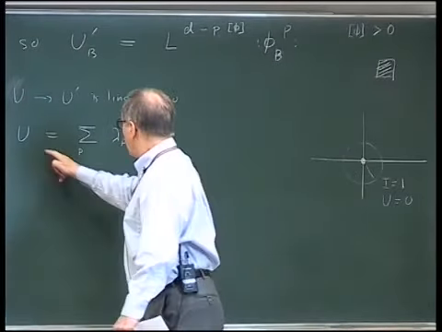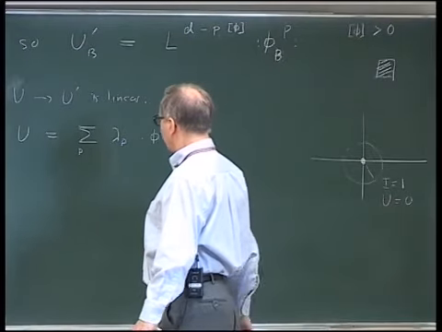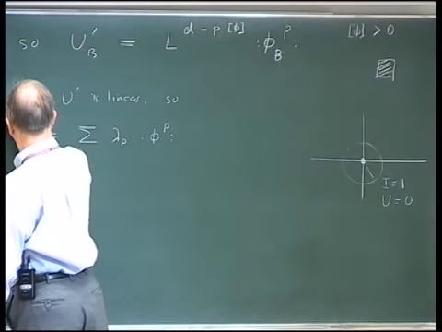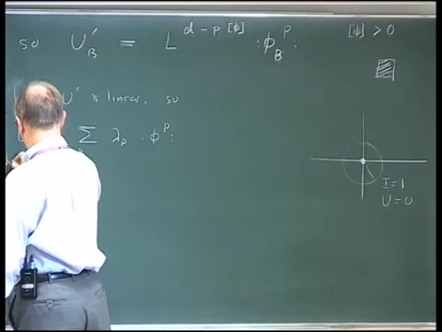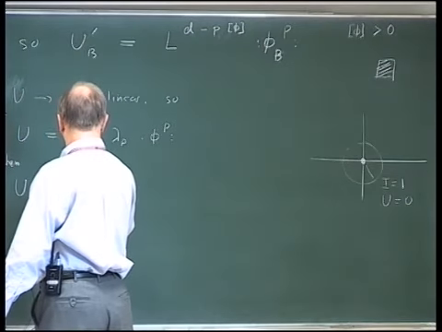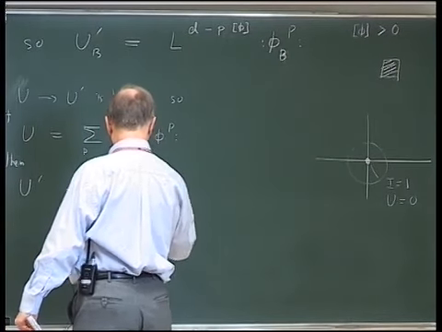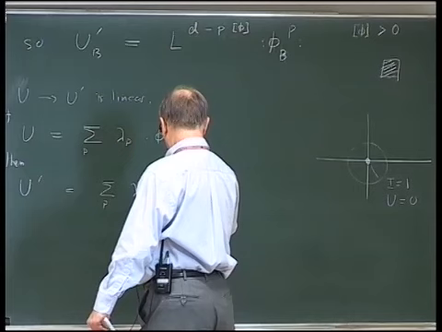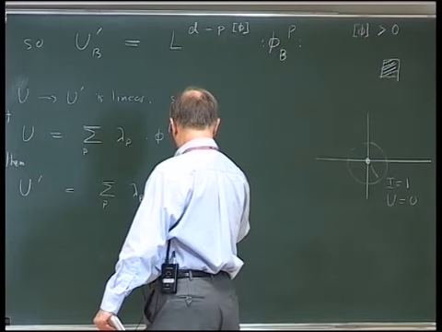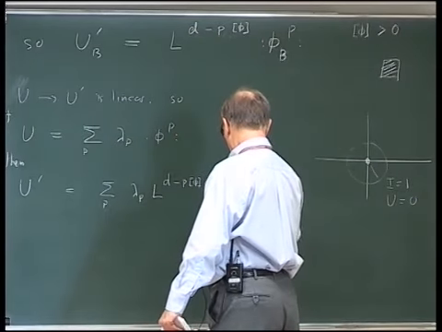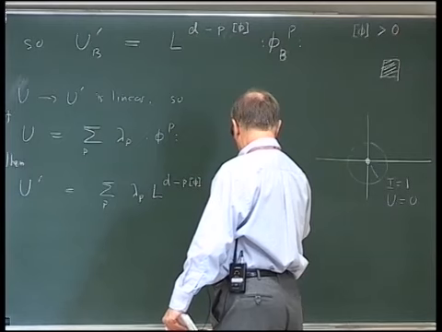Anyway, we have U. If we have a finite sum, then U prime will be a sum over p of lambda p, and then you'll have this factor L to the d minus p times power of phi, Wick ordered phi to the p.